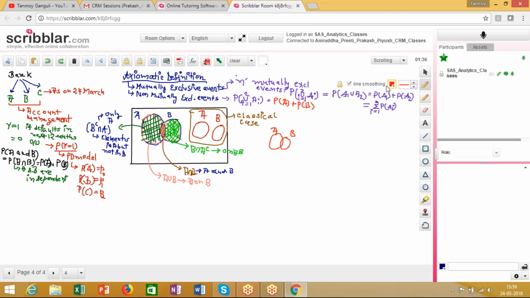So probability A over here will be this part, and probability B is again this part.